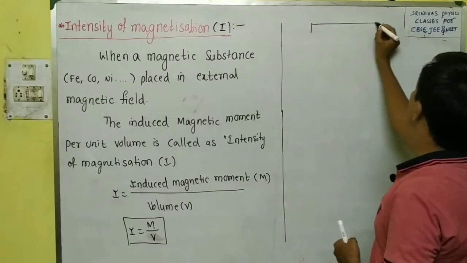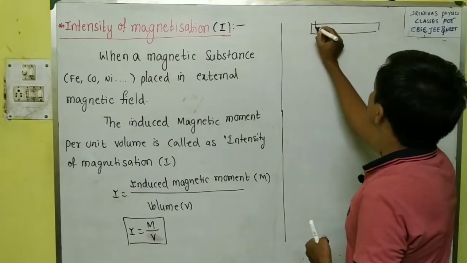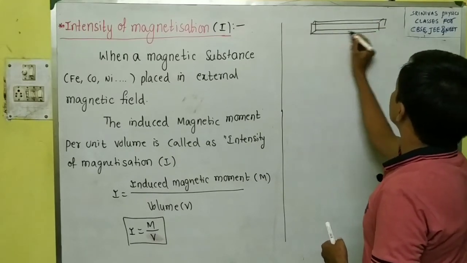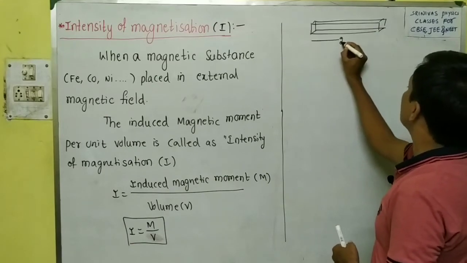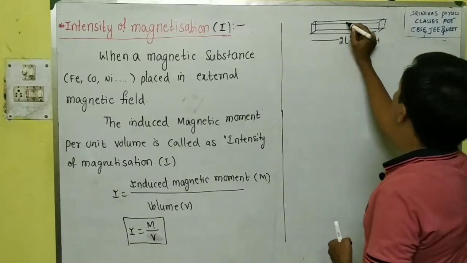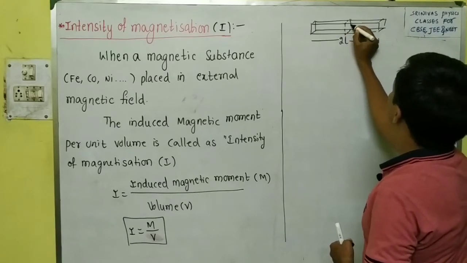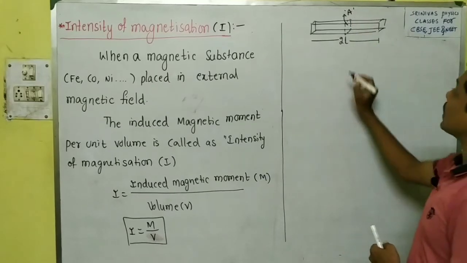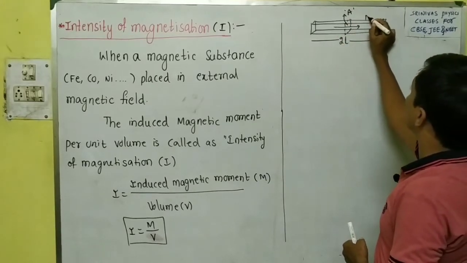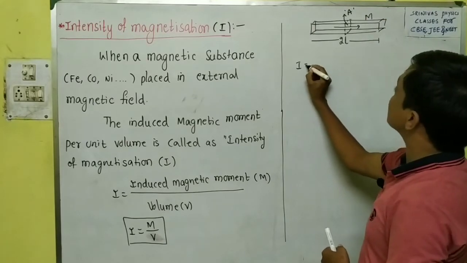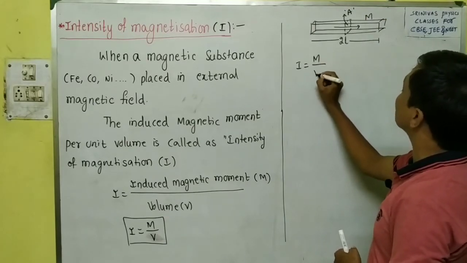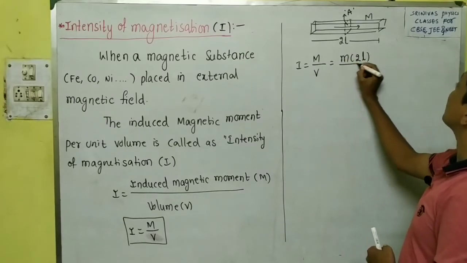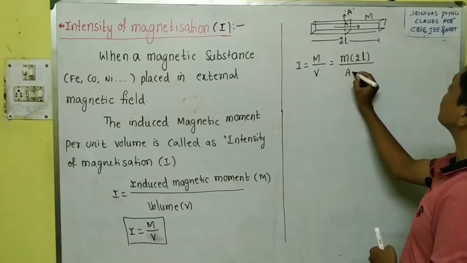It has length 2L and area of cross section capital A. In this, some magnetic moment is induced, that is capital M. Intensity of magnetization is magnetic moment by volume, but magnetic moment we write as pole strength into magnetic length, and volume we write as cross sectional area into length.